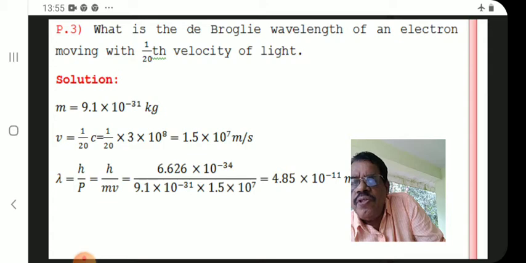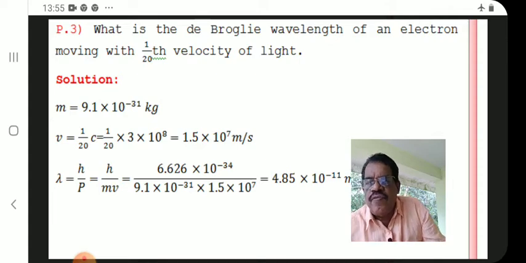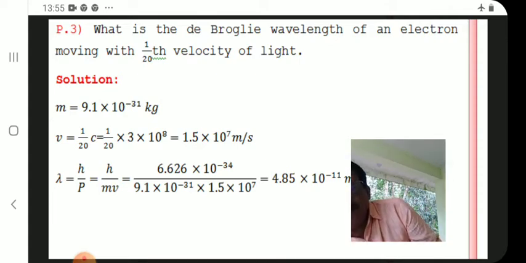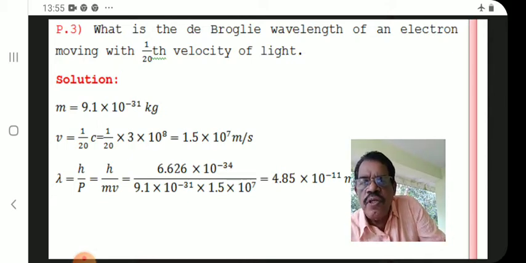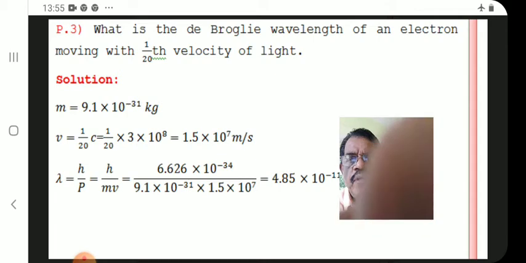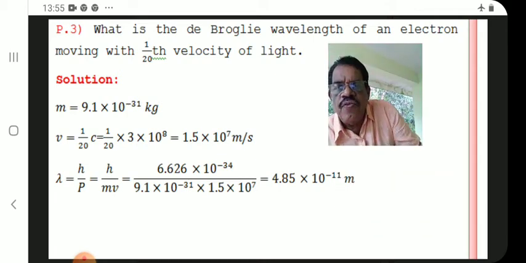V is 1 by 20 C, 1 by 20 into 3 into 10 raised to 8, equal to 1.5 into 10 raised to 7 meter per second. Lambda is h by p, h by mv. H is 6.626 into 10 raised to minus 34, m is 9.1 into 10 raised to minus 31, and velocity 1.5 into 10 raised to 7. The value we calculated, the answer, is 4.85 into 10 raised to minus 11 meter.